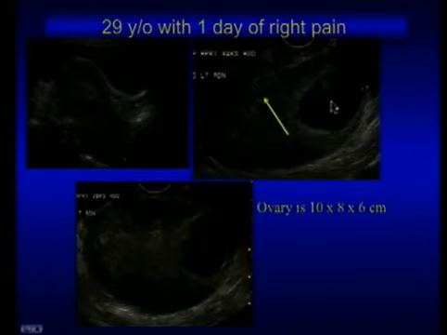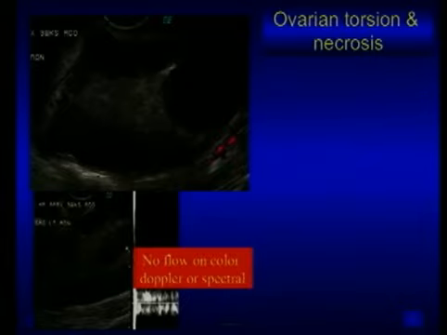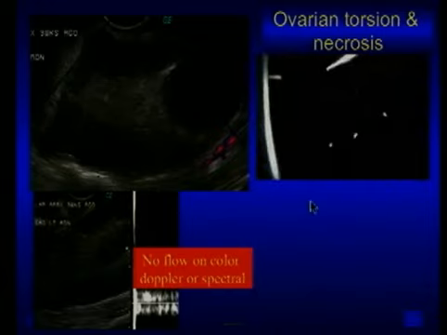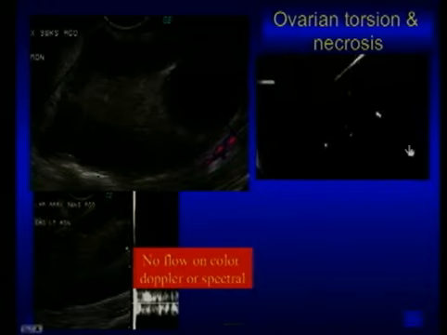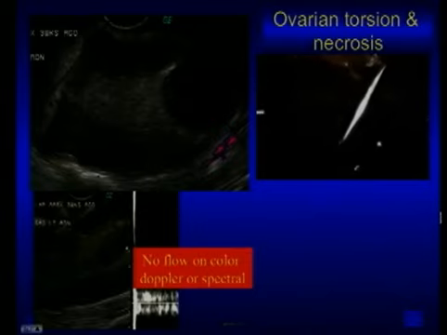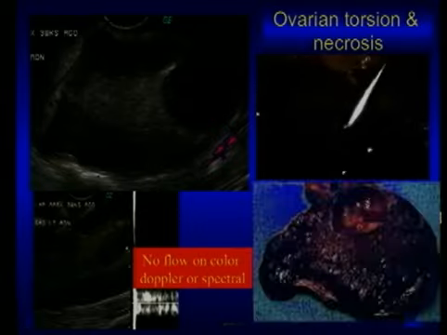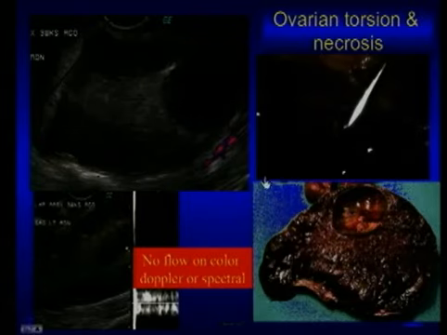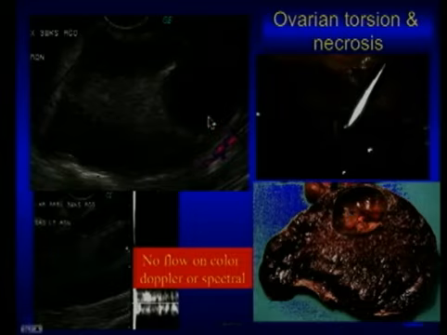You can see that at laparoscopy, there was no vascularity within that mass. At laparoscopy, you can see the big blackened mass of the necrotic ovary. When they removed it, the correlation with this big necrotic ovary with the big irregular cyst seen on ultrasound was perfect.